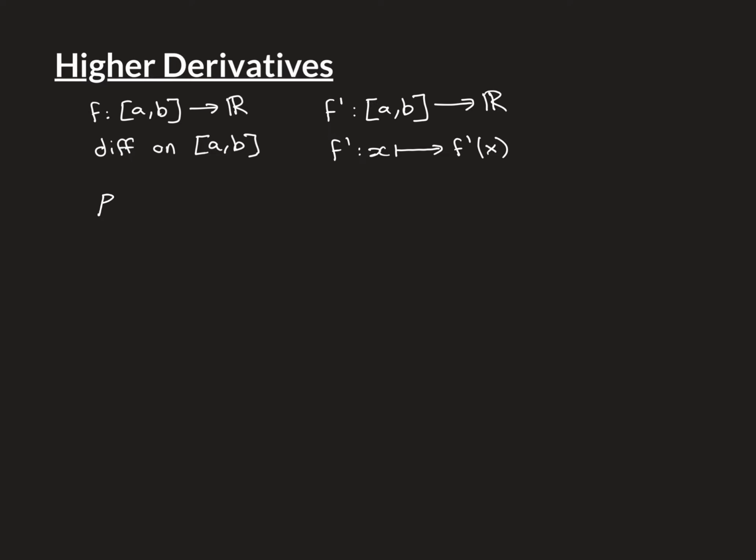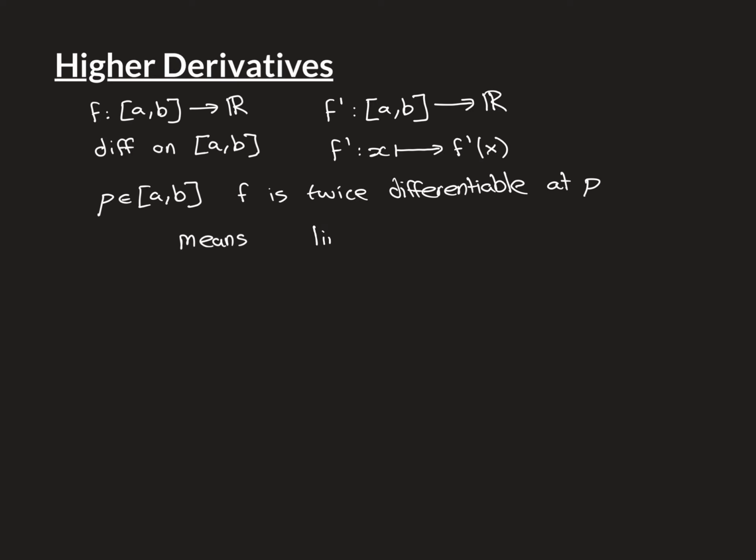So for some p inside that interval ab, we'll say that f is twice differentiable at p. What this means is that the function f prime must be differentiable at p.